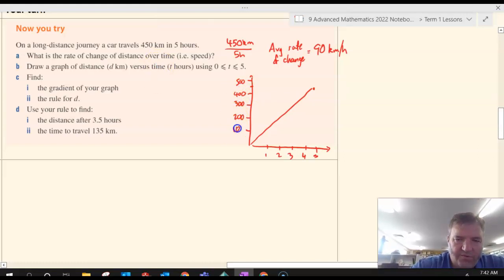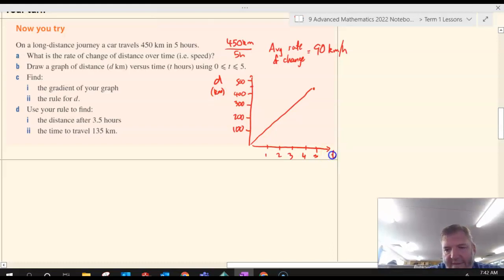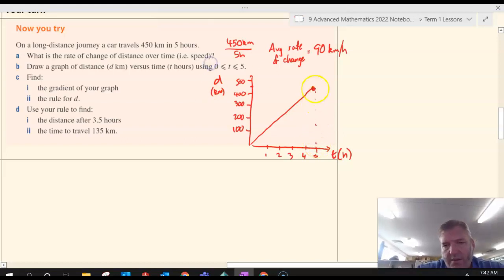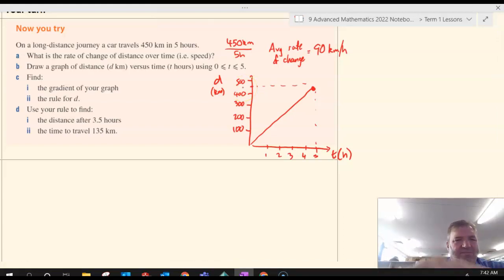Of course, you used a ruler when you did this, so yours is going to look much prettier than mine. Distance in kilometres, time in hours. Make sure I've shown everything. If I even want to dot across, I can there, just to make it clearer, but that's okay. I assume you've all managed to do that without any problems at all.